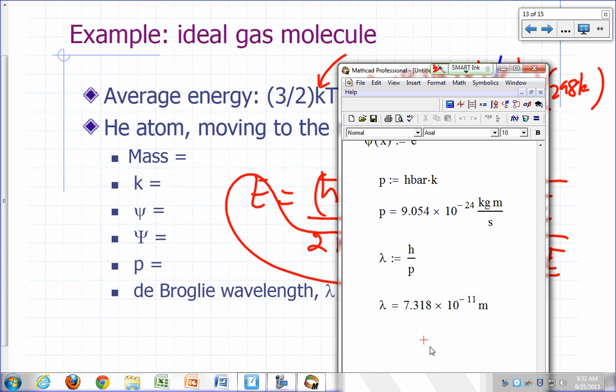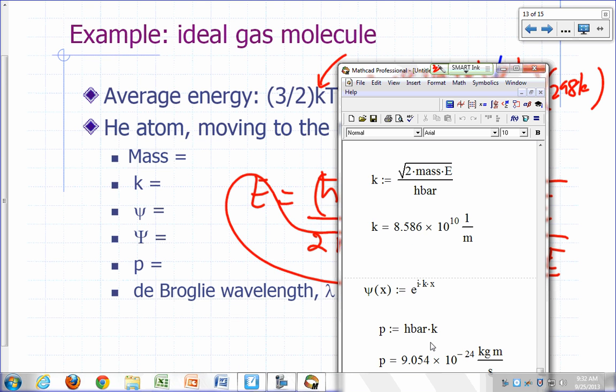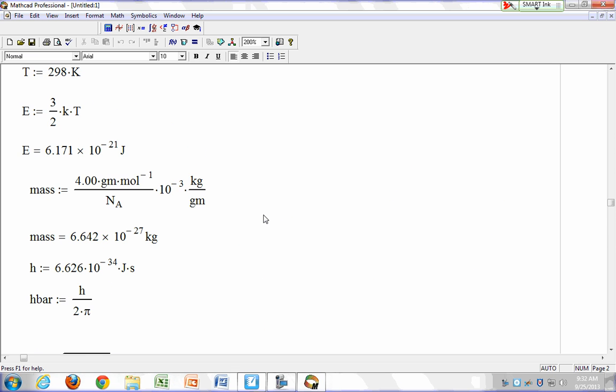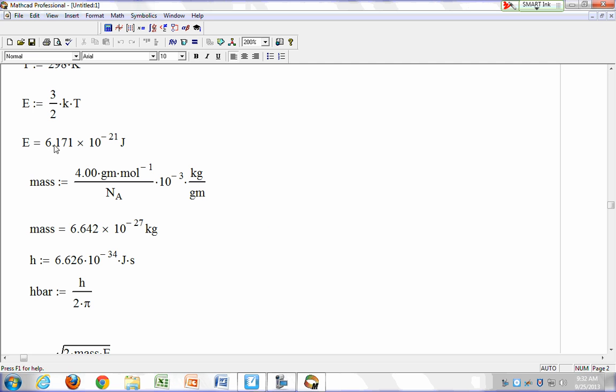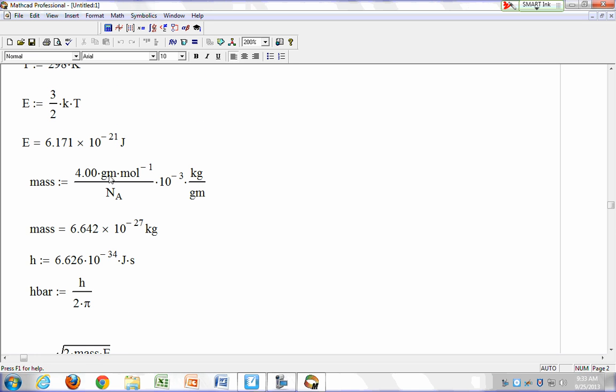Okay? Scroll up, yeah. Energy 6.1 times 10 to the negative 21 joules. The mass is 4 times gm.